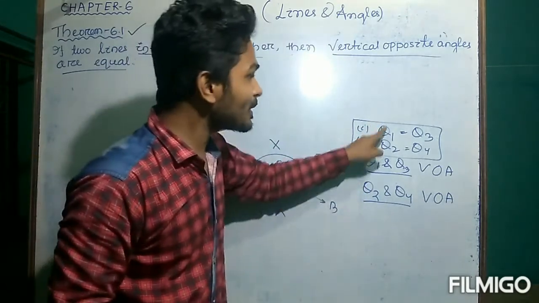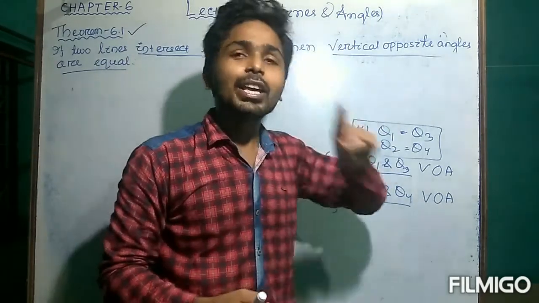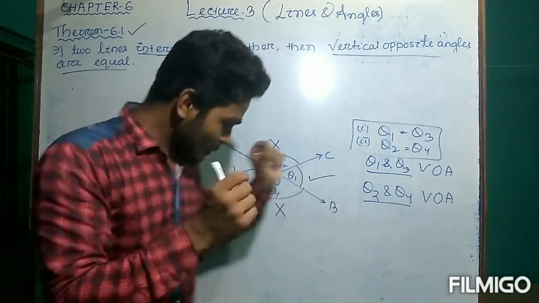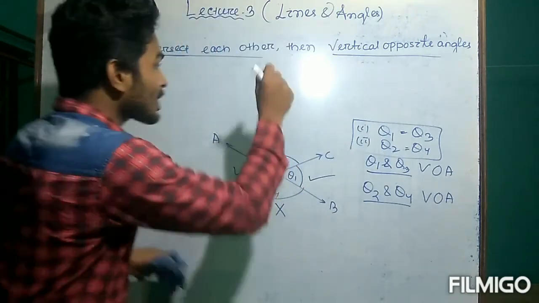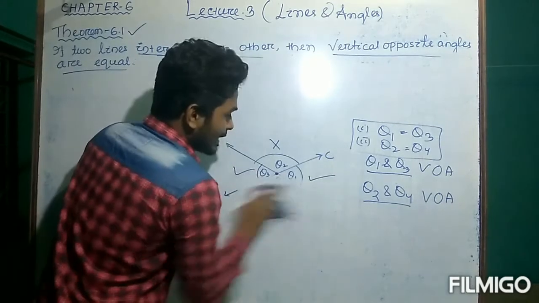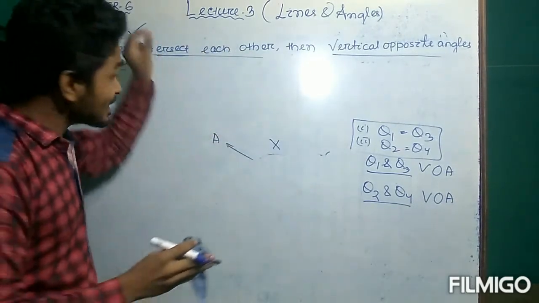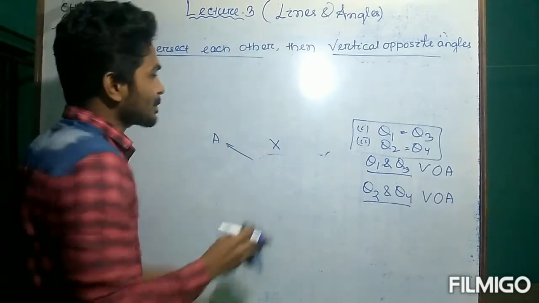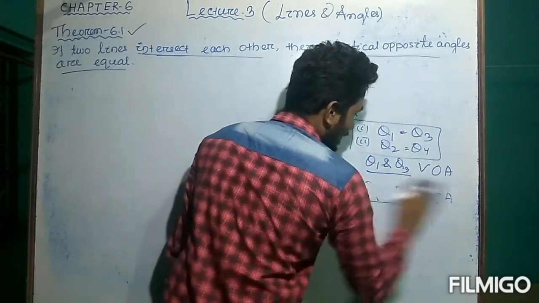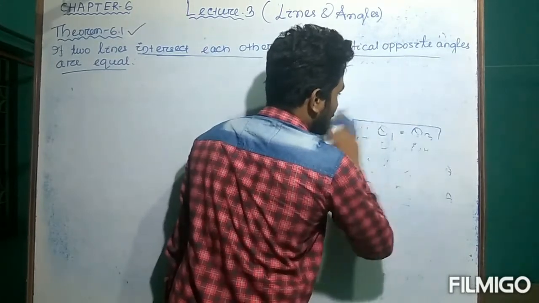So you have to only prove these vertically opposite angles are equal. Understood? So let us prove the statement. Before proving, you first have to write what is given in theorem number 6.1. So let us write the statement.